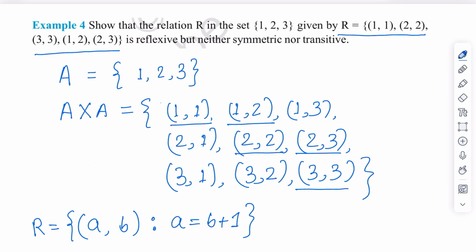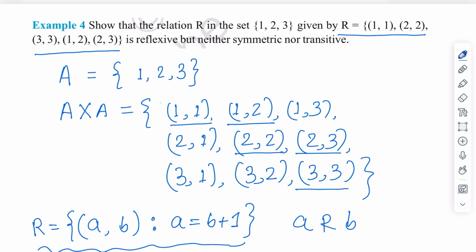So if there is a relationship, then we say that a is related to b. So now we understand relationship. One thing, don't forget that in a relation, it's not necessary that all elements of A cross A must be present. Okay.